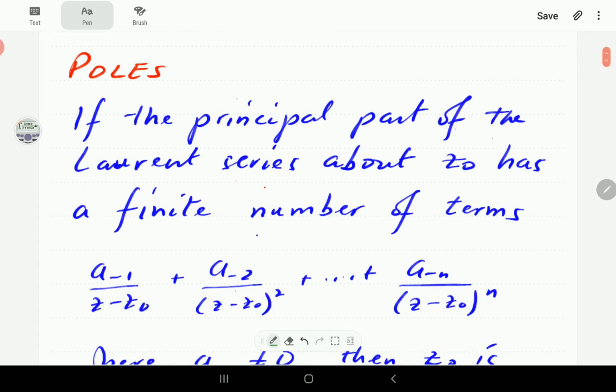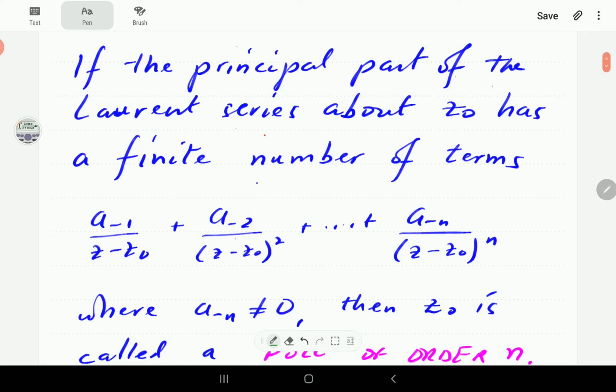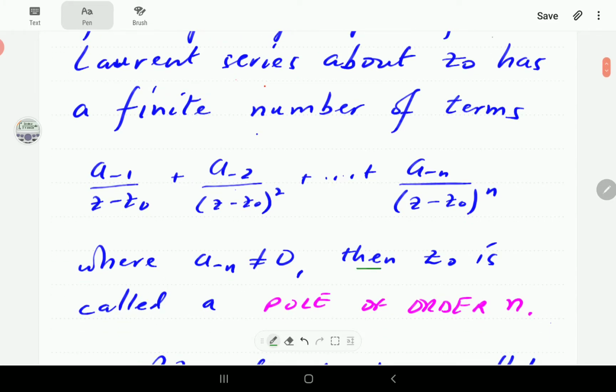Now, the first type is called poles. If the principal part, so remember the principal part of the Laurent series is the part involving negative powers, has a finite number of terms, and if the last term is of the power n, then the singularity z0 is called a pole of order n.